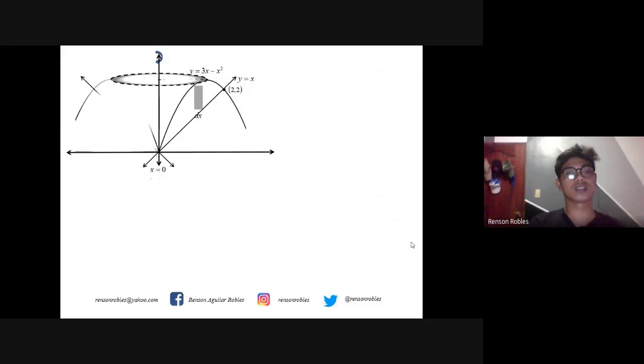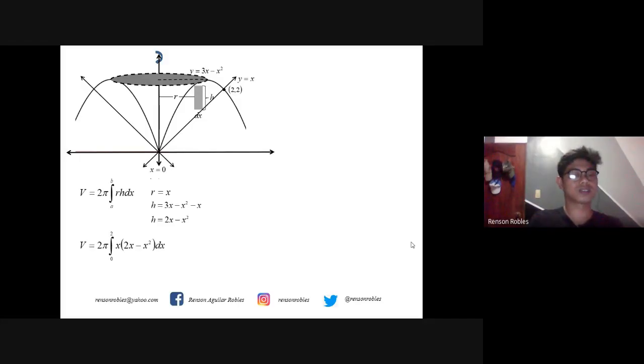And this is the solid we are referring to. Okay, and then this is the formula, 2 pi r h dx. You have r is equal to x, and h is 2x minus x squared. And then you plug it there. So you just multiply this x, each term inside. I'll not take this any longer. And then the limit is evaluated from 0 to 2, the leftmost, and then to the rightmost.